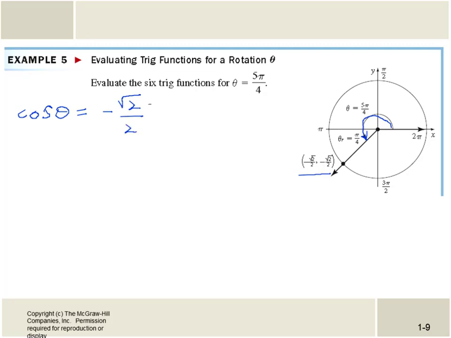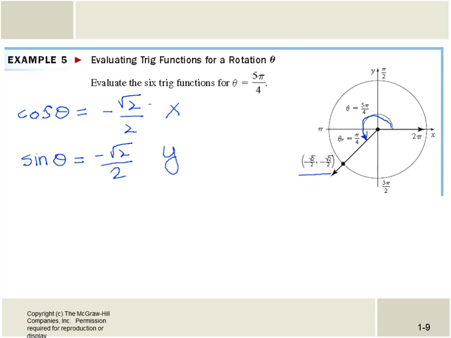Okay? The sine of theta is equal to negative the square root of 2 over 2. Right? Because they're the same. This is the x value, and this is the y value. Okay?